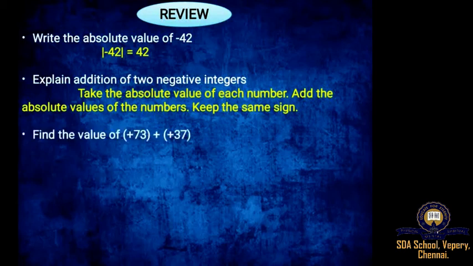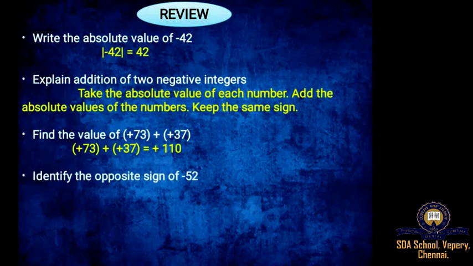Next question. Find the value of plus 73 plus 37. Yes, you are correct. It is equal to plus 110. Identify the opposite sign of minus 52. Yes, good.